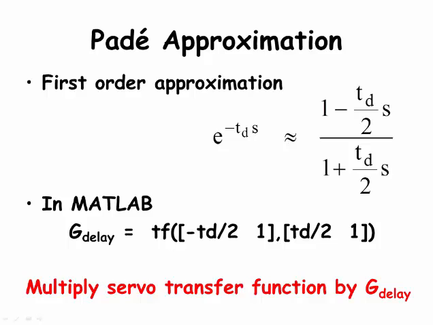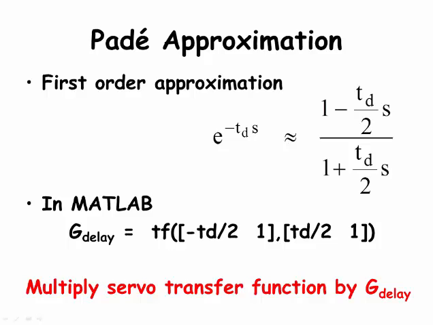The expression for g delay is tf([-td/2 1],[td/2 1]). The variable td is the process dead time. We will multiply the servo problem transfer function by this dead time transfer function.